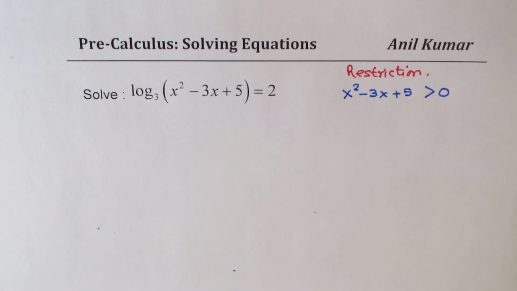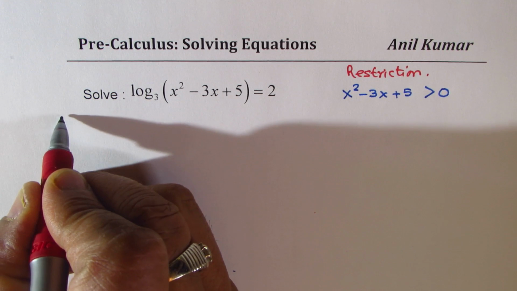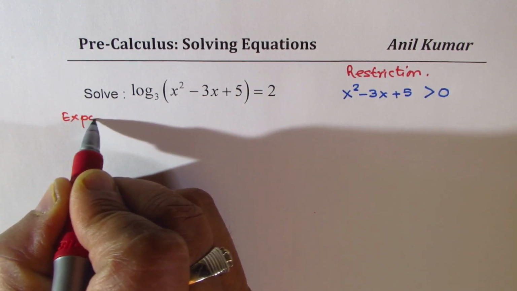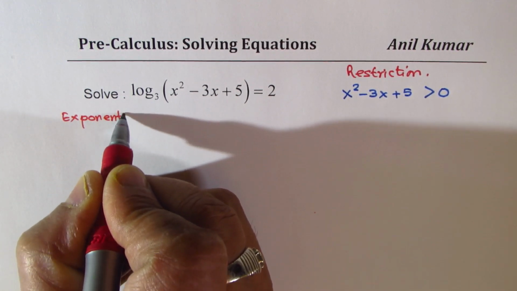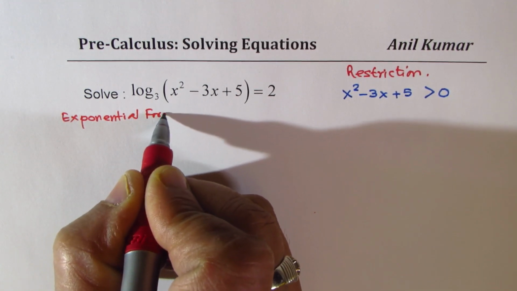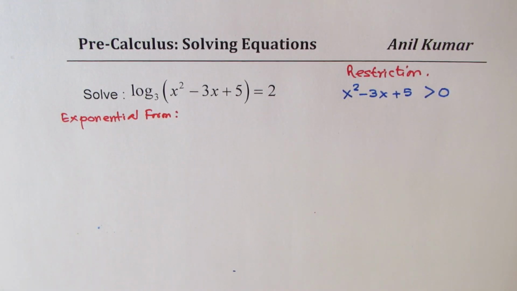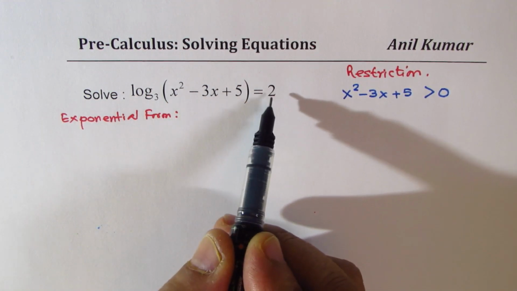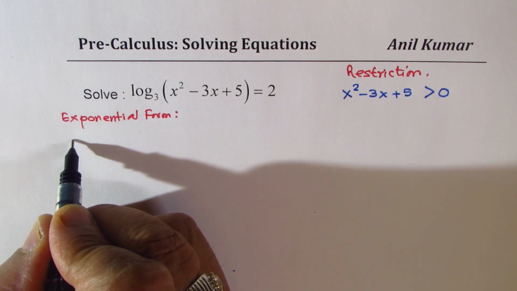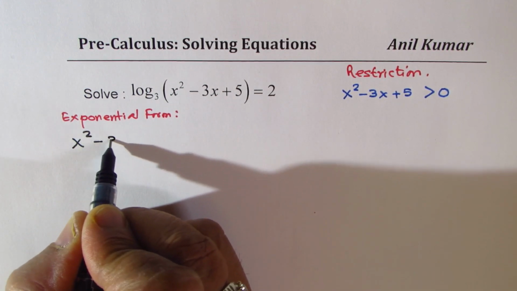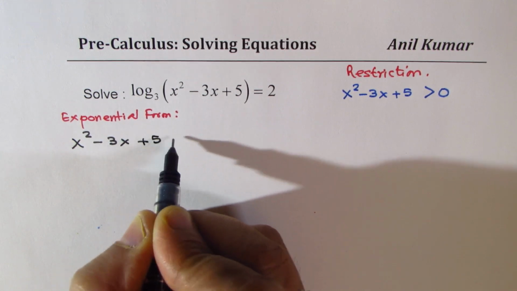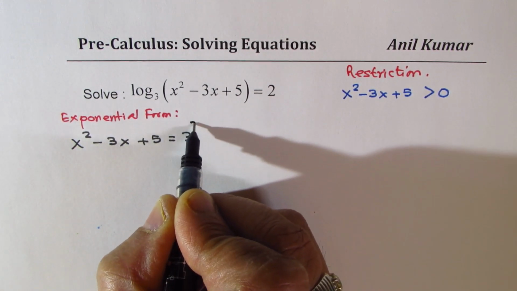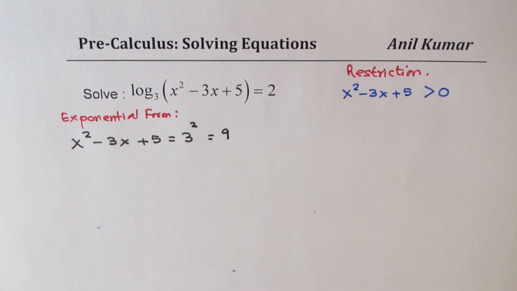Now let's see how to solve it. To solve the equation, we could write it in exponential form. So to write exponential form, we could write this as 3 to the power of 2 is equal to all this, or x squared minus 3x plus 5 equal to 3 to the power of 2, which you know is 9.